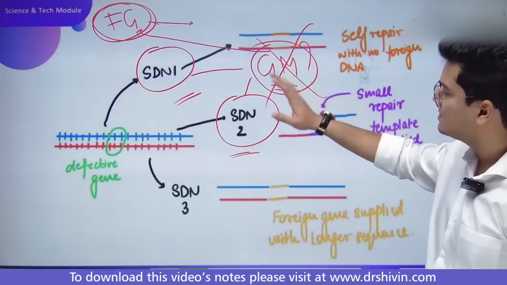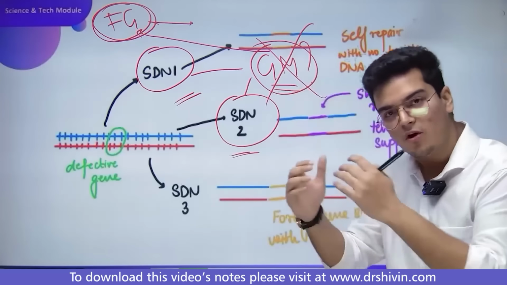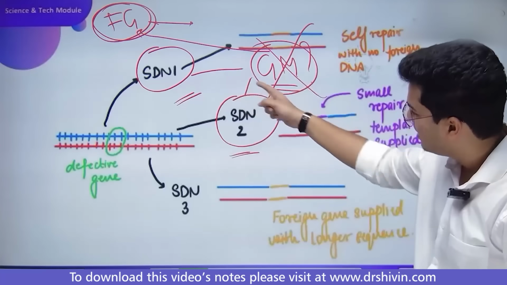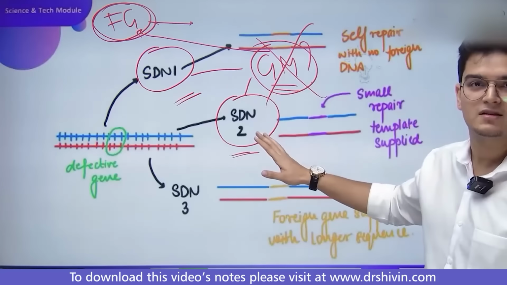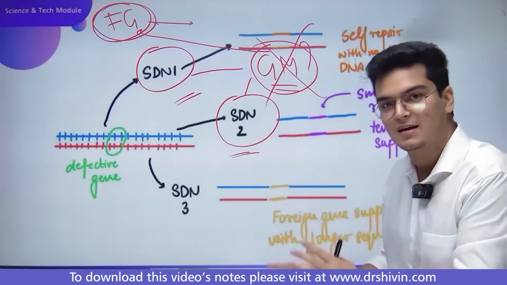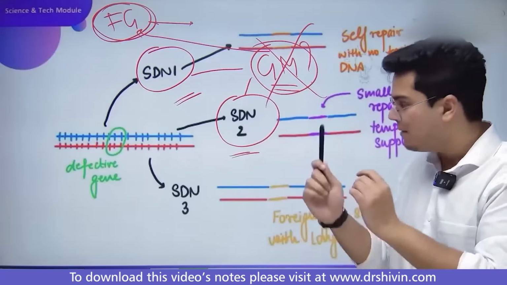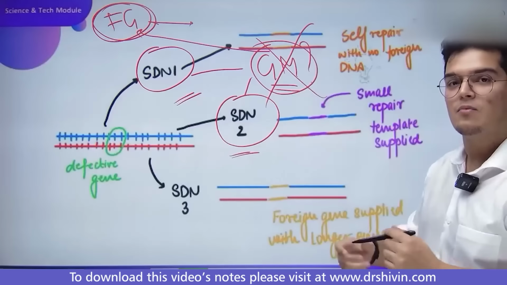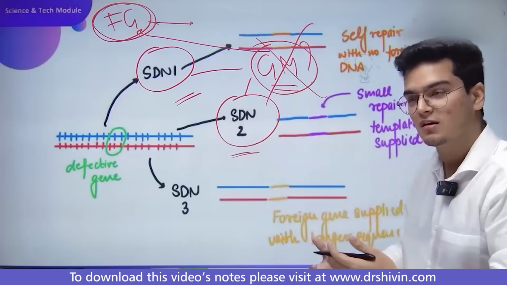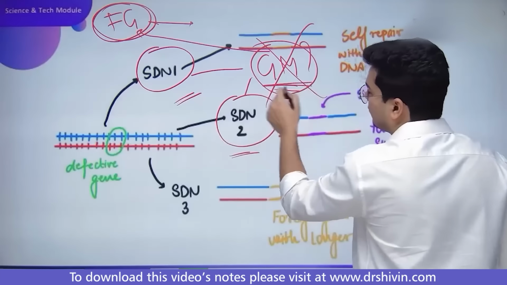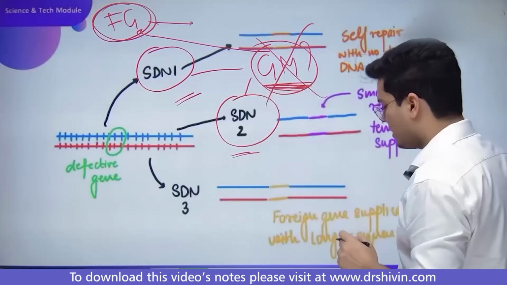Transgenesis and genetic modification require foreign genes. So SDN1 and SDN2 is not genetic modification. It is just genome editing. Editing is happening. I am changing it, but I am not introducing a foreign gene. For genetic modification, a foreign gene is needed.